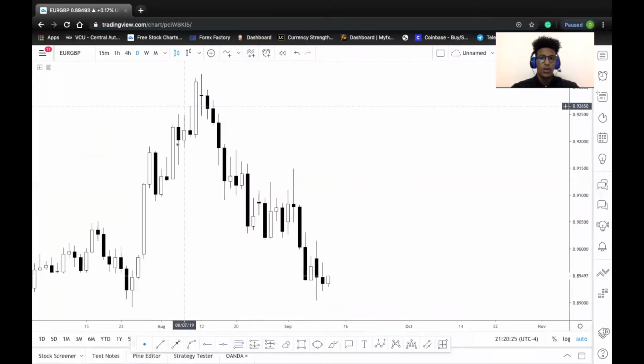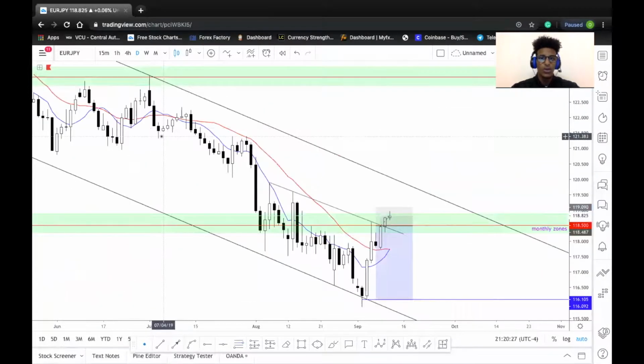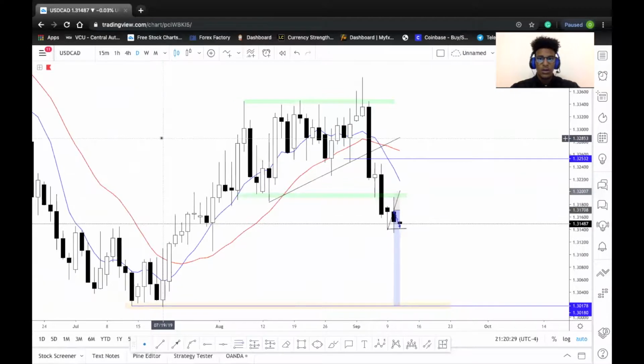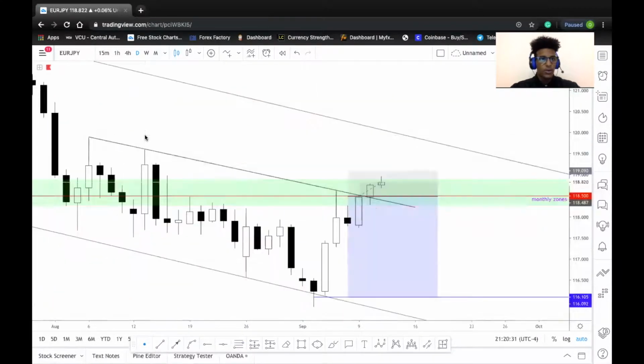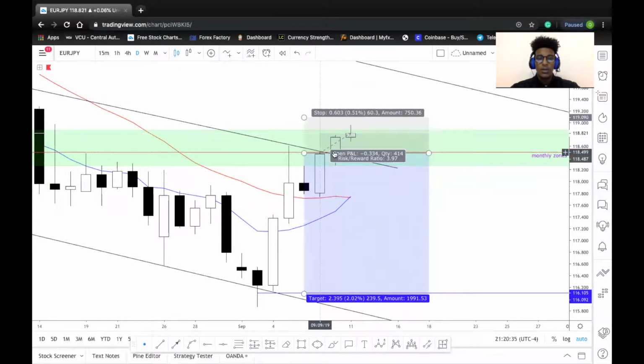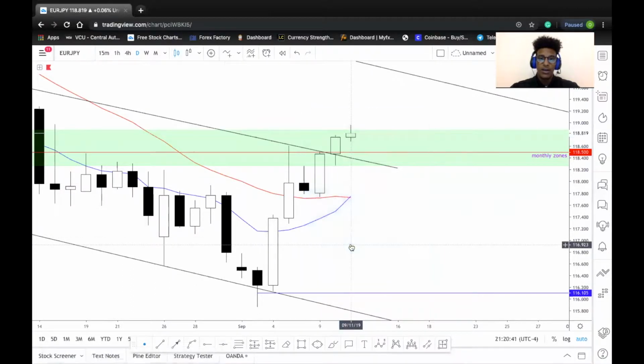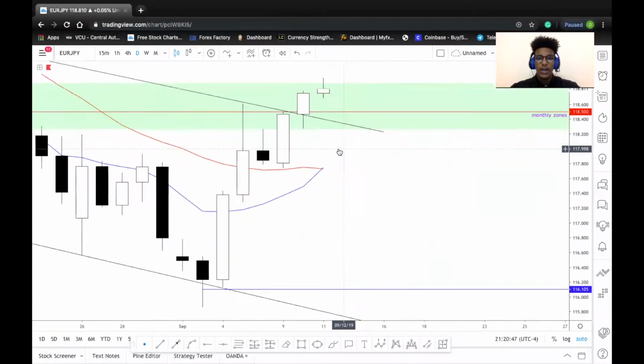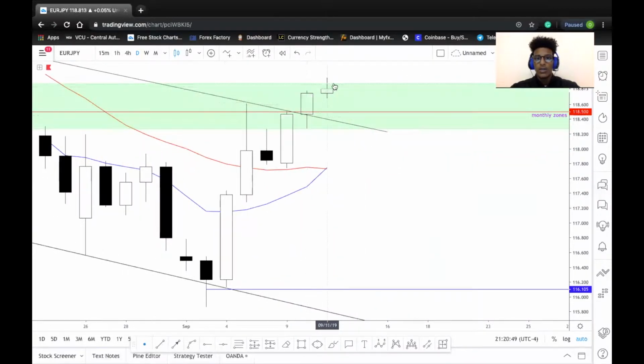Moving on, we were talking about Euro JPY earlier today. We were looking for some potential rejection in this monthly zone for some selling positions, and you guys can see we never got that. We had a strong daily close over here, followed by some continuation. We had a bullish candlestick, and right now we are rejecting this zone, so I'd like to see how these next candlesticks play out.